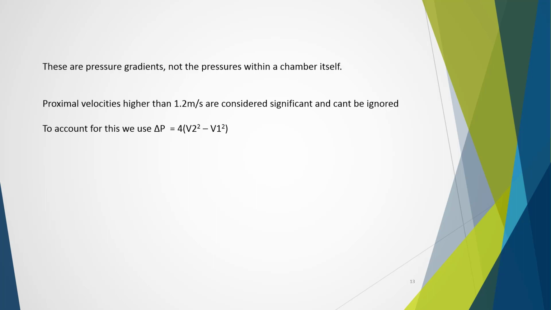However, when flow rates higher than 1.2 meters per second are in play, they are considered significant and can't be ignored as they influence the equation, leading to an overestimation of the true pressure gradient. So to account for that, we include it in the calculation. So a change in pressure is equal to 4 times the velocity at the narrowing squared minus the proximal velocity squared.